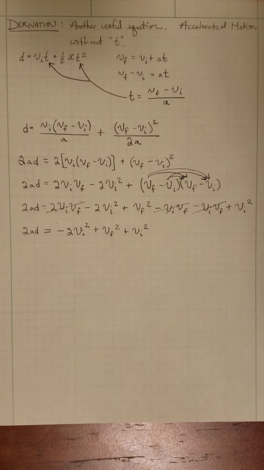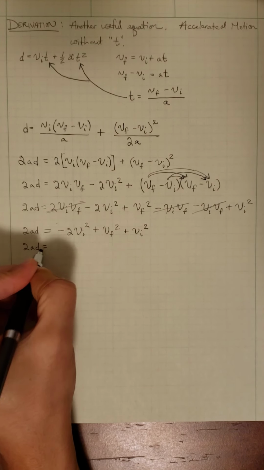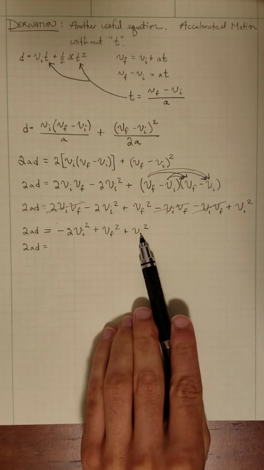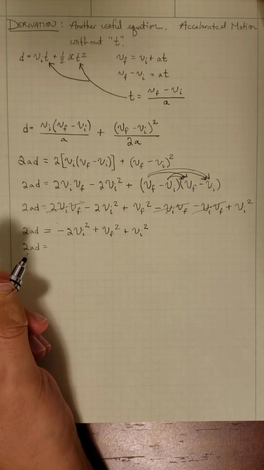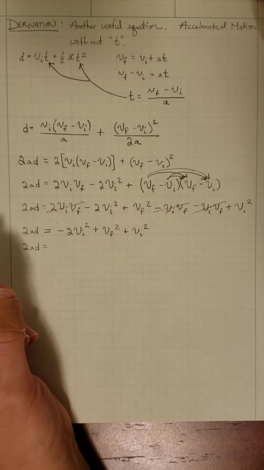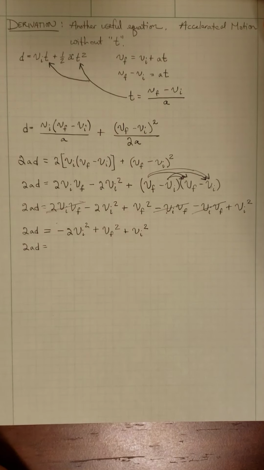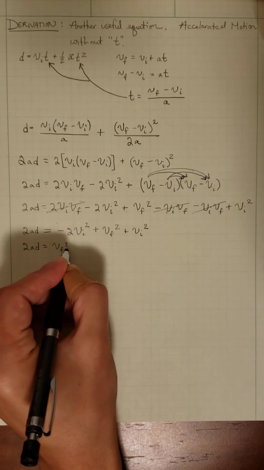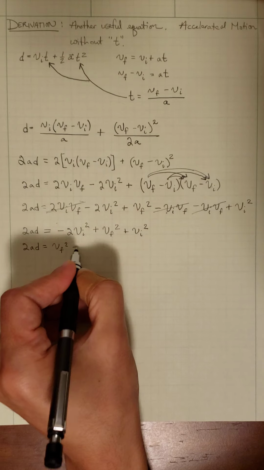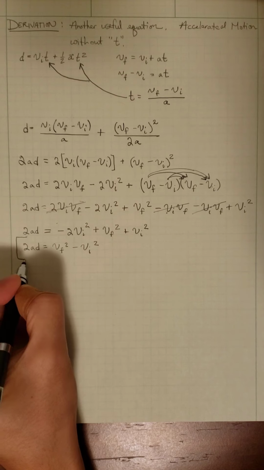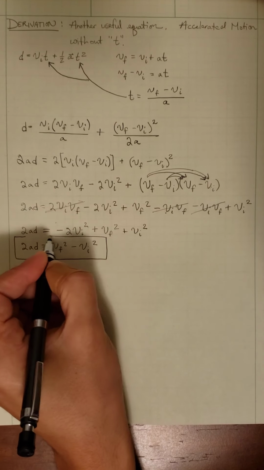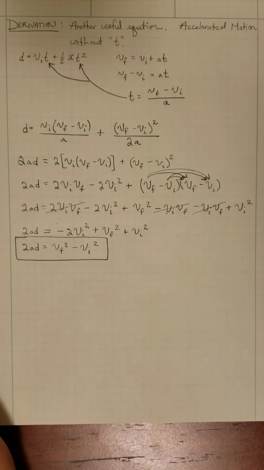Okay, great. We can simplify this more. I have a vi squared, and then I subtract 2 vi squared, which means I'm left with minus vi squared, plus 1 minus 2. So I'll write the vf squared from here minus that remaining vi squared. And this is the useful equation that was promised at the beginning.